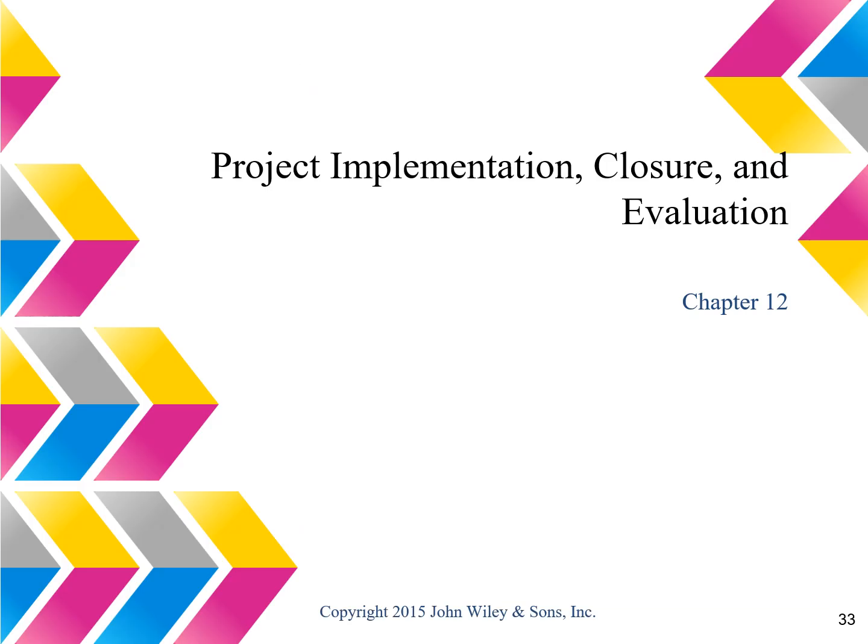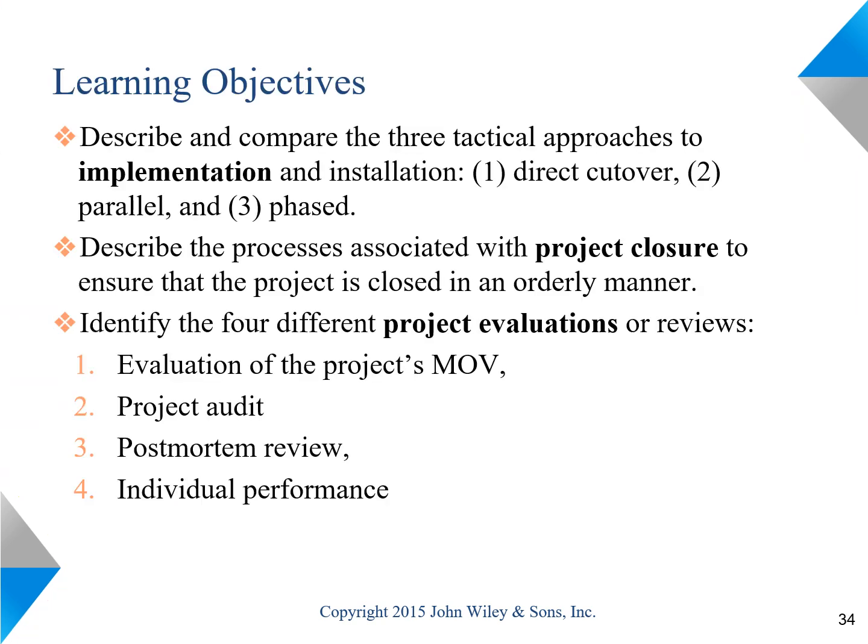The last chapter of the textbook deals with project implementation, closure, and evaluation. Our learning objectives for this chapter are to look at different approaches for implementation and installation, namely direct cutover, parallel, or phased implementation.